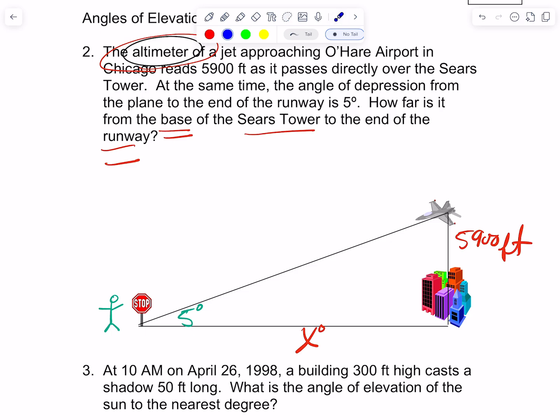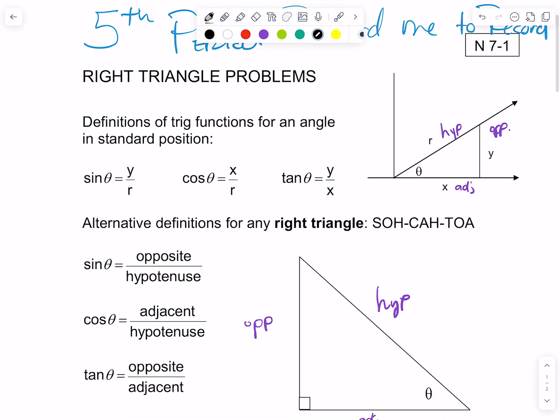So, what is this right here relative to this angle? Is this opposite, adjacent, or hypotenuse? Opposite. So let's label that. The X would be your adjacent. If I'm looking for X, look at the first page. Are we using sine, cosine, tangent?